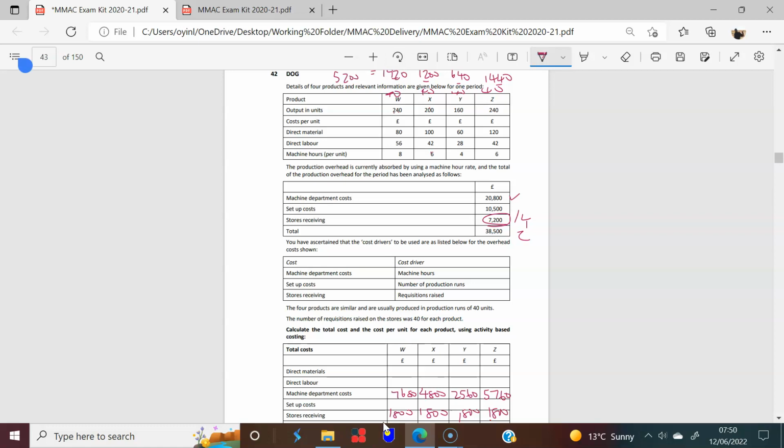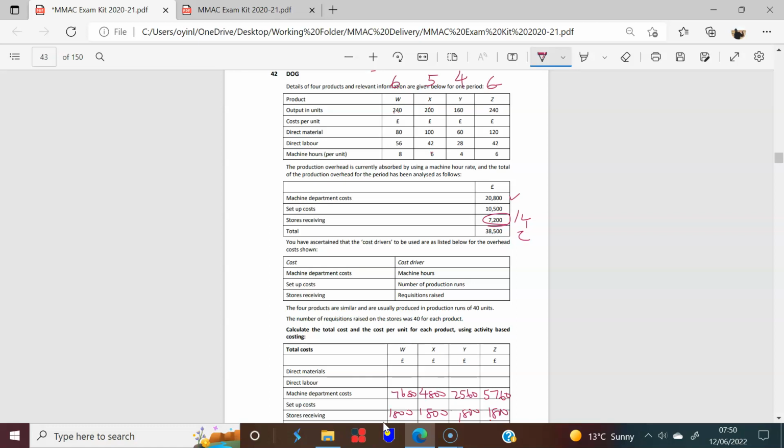Okay, let's look at setups. It says here, production runs are done 40 units at a go. So if you look carefully here, what does that mean? When you're dealing with an output of 240 units and you're doing 40 at a go, that means you must have done 6 setups, because 240 divided by 40 is 6. And again, 6.